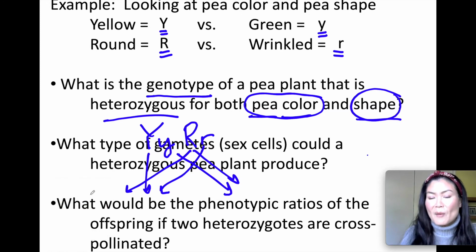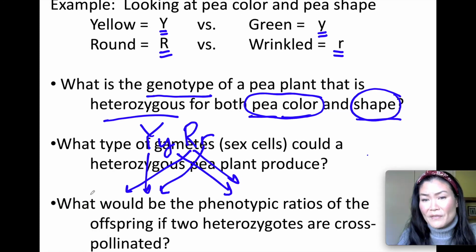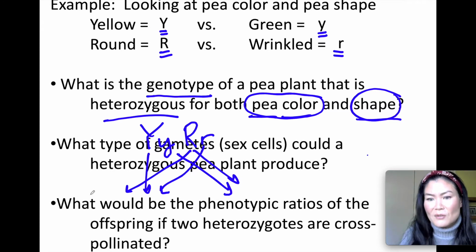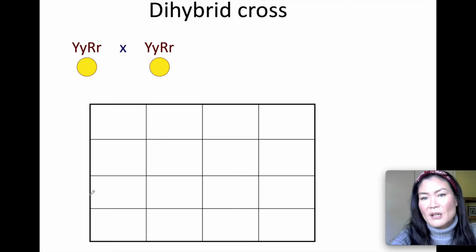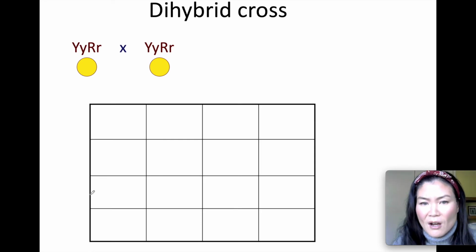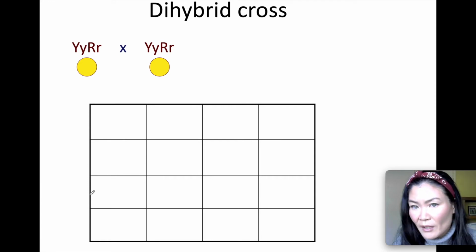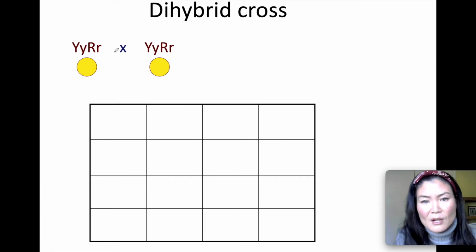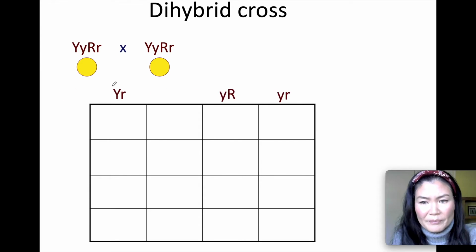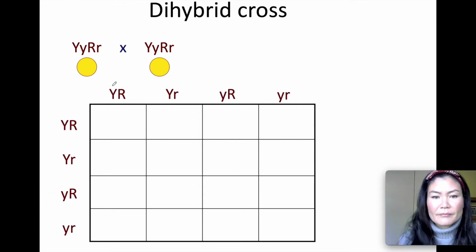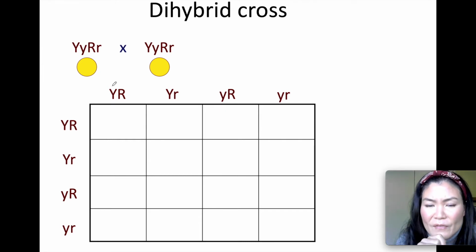And that sounds really complicated, right? Because there's 4 different gametes that each parent can produce. So you guys, this is not going to be a simple Punnett square. It's going to be a crazy Punnett square. It's going to be a 4x4, not a 2x2, because each parent can produce 4 different kinds of gametes. Okay, and so here they are. So how do we fill out this Punnett square?